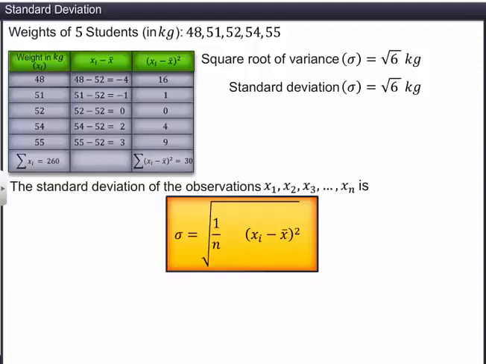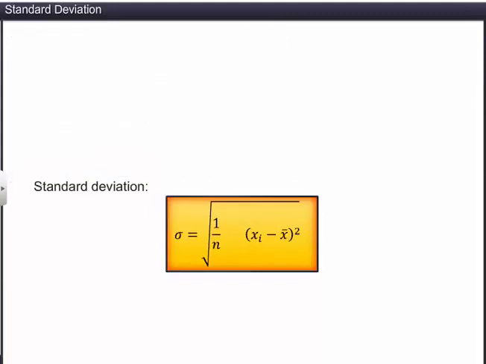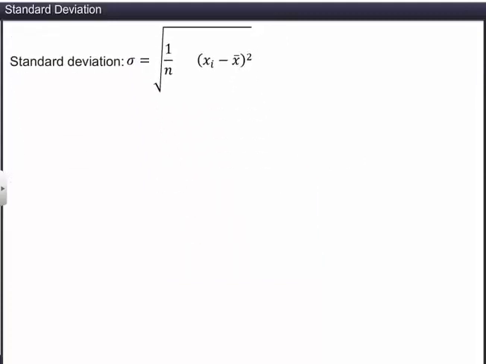We know that the variance sigma squared is given by the formula shown here. Let's expand the summation.